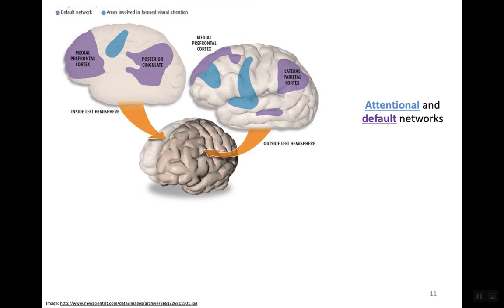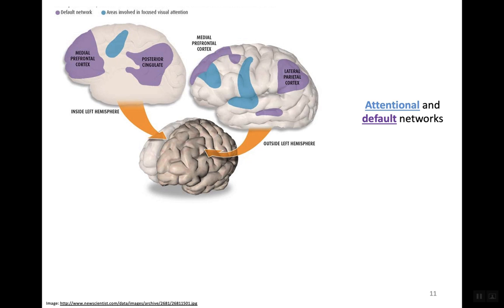And the role of this network is to facilitate what we often refer to as mind wandering, or daydreaming, or thinking to oneself. And that is something that we engage in extensively. Hence, it's not a surprise that the brain allocates a specific network to it.